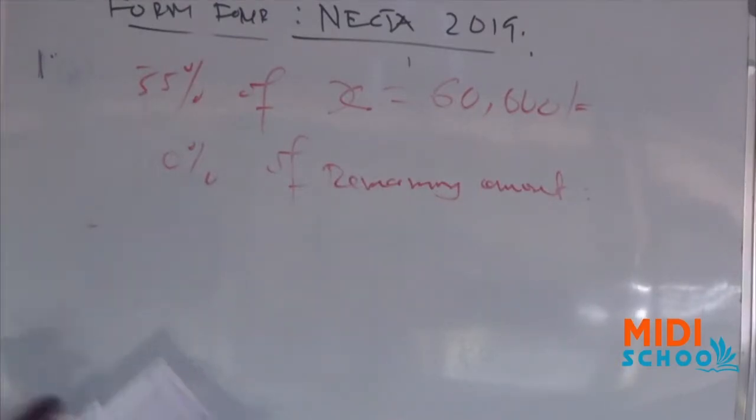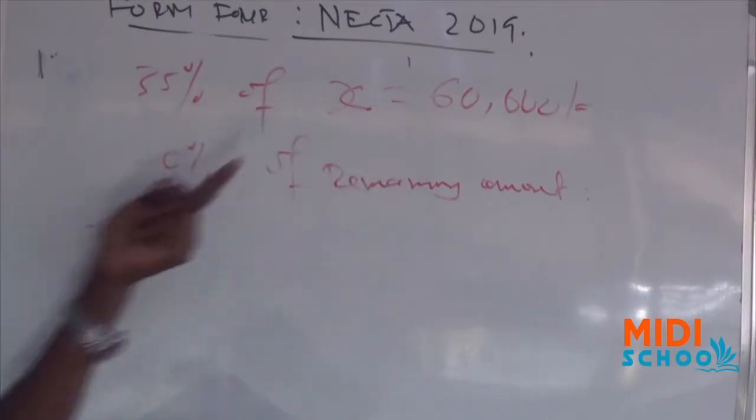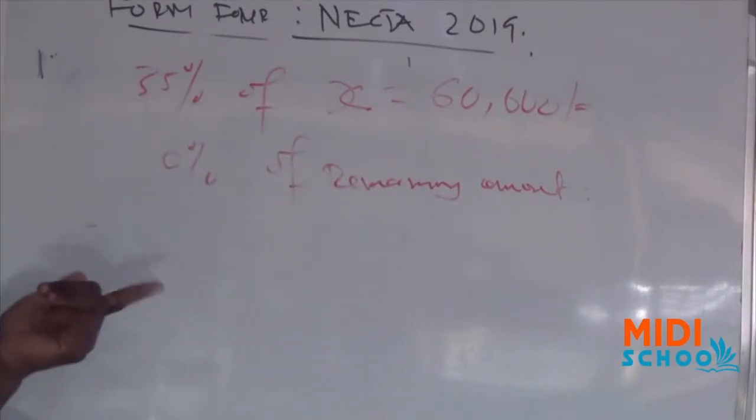So we first start by finding the 35% of the money that she used to buy shoes.